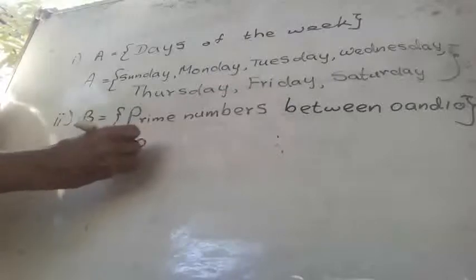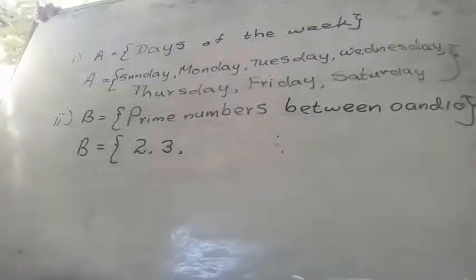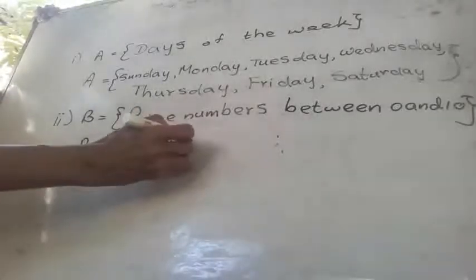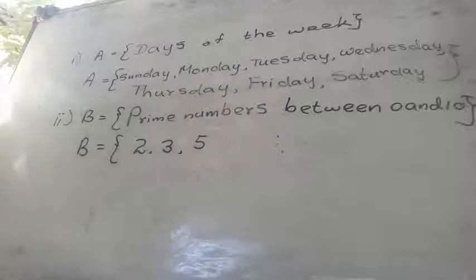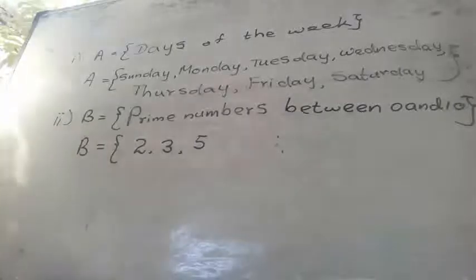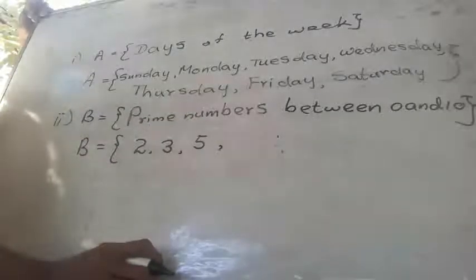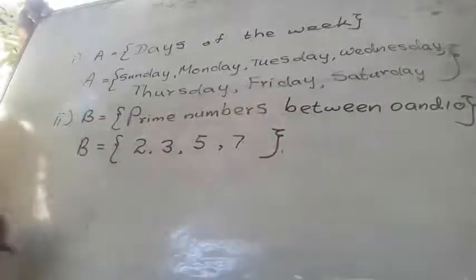The smallest prime number is 2. Next one, 3. 4 is divided by 1, 2 and 4, then 4 is not a prime number. 5 can be divided by only 1 and 5, then there are only two factors, so 5 is a prime number. 6 is divided by 1, 2, 3 and 6, so it is not a prime number. 7 is a prime number.